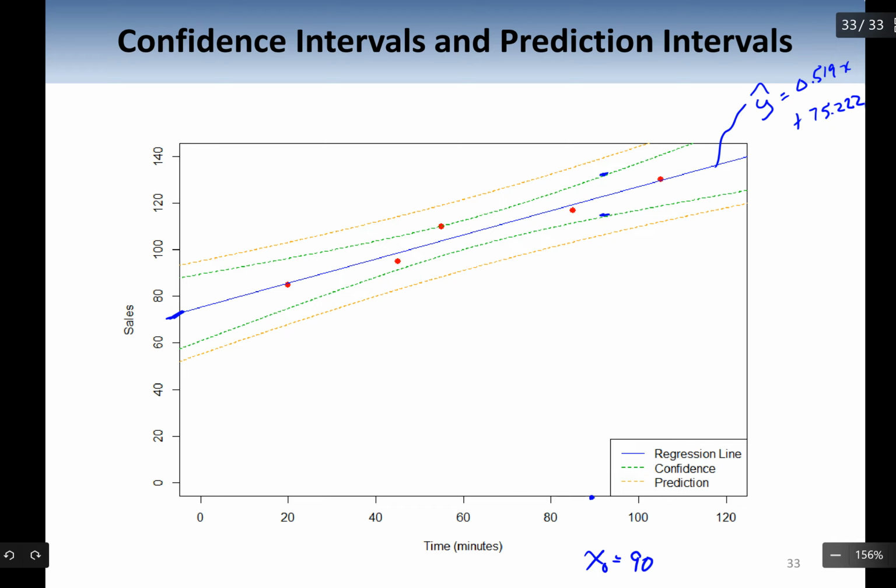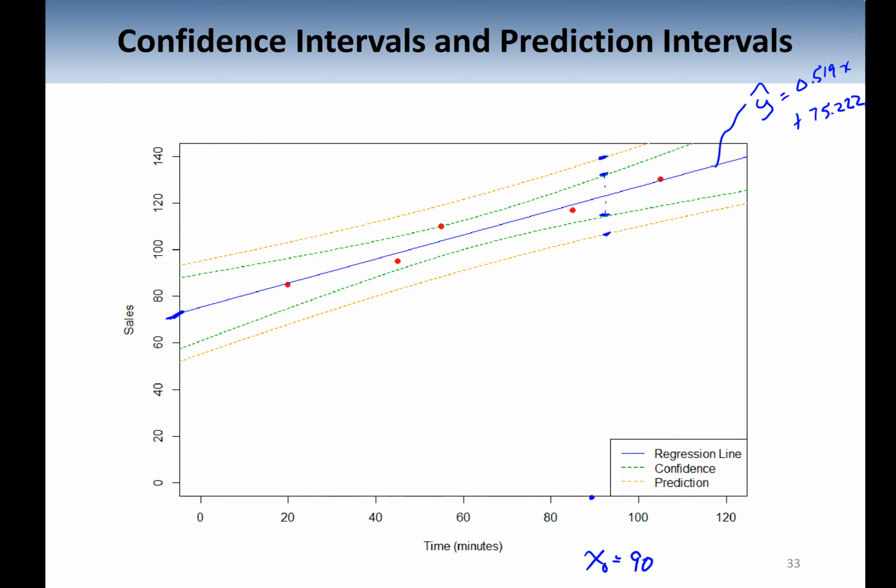Any of those values would be the expected value of y. If we were to do a prediction interval given x naught equals 90, then the prediction interval would be the orange dashed lines, and they'll be wider because of that 1 underneath the radical. So that would go from this minimum value to this maximum value.